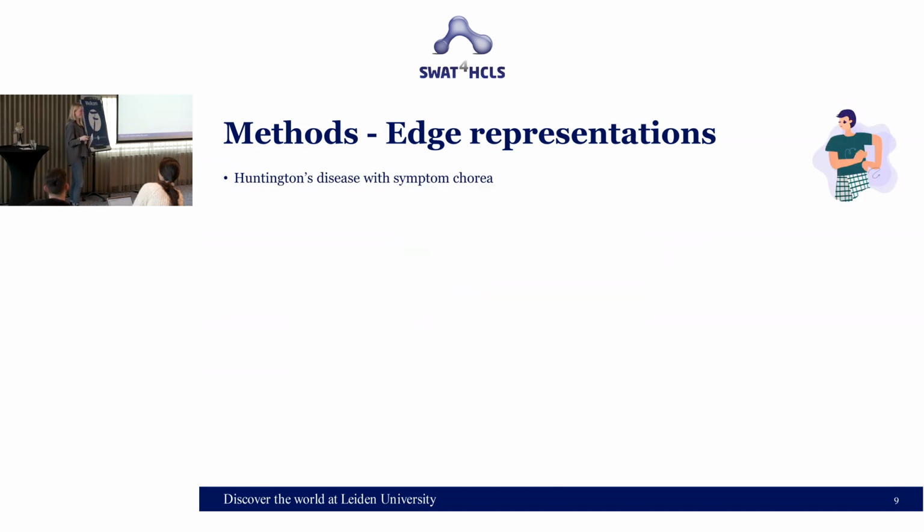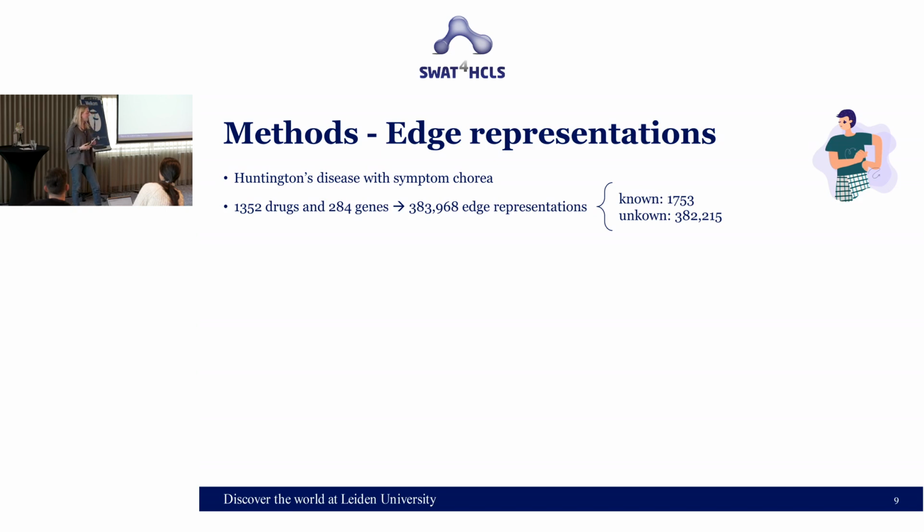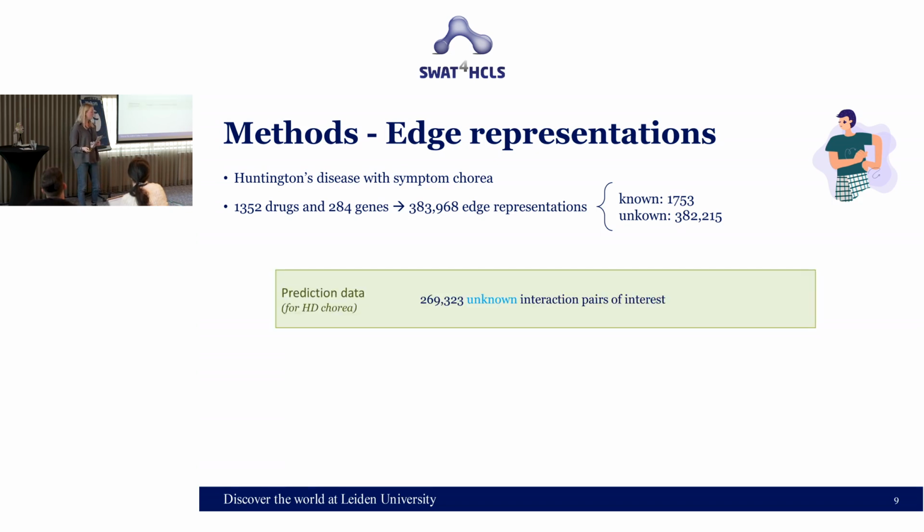So for our use case, Huntington disease with symptom chorea, we had 1,352 drugs and 284 genes. This ended up with almost 400,000 edge representations, of which only 1,753 were known, so most of them were unknown. Out of these unknown edges, this amount were the interaction pairs of interest.